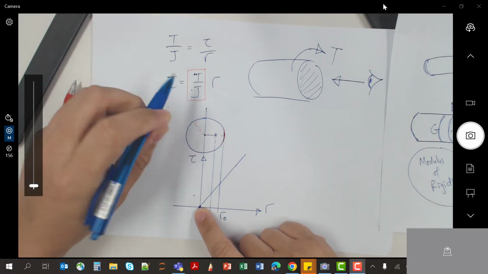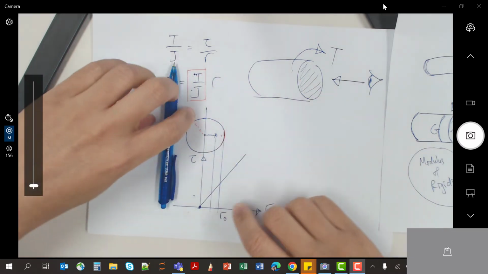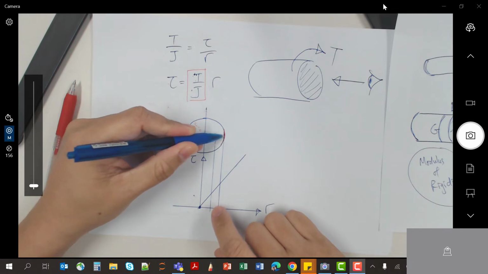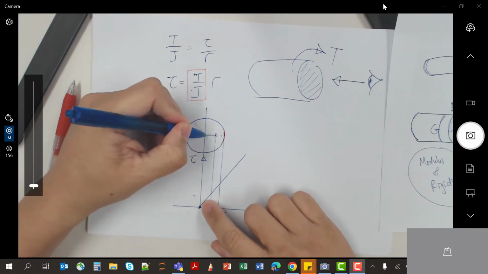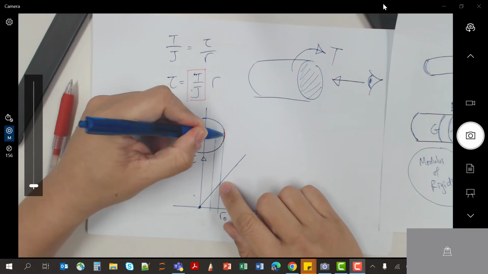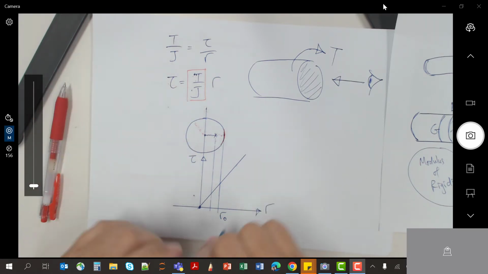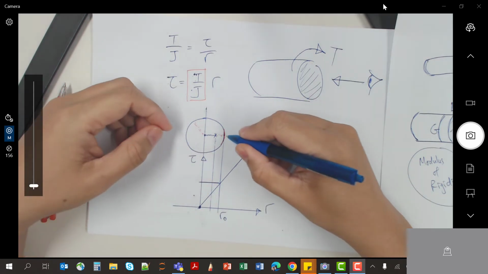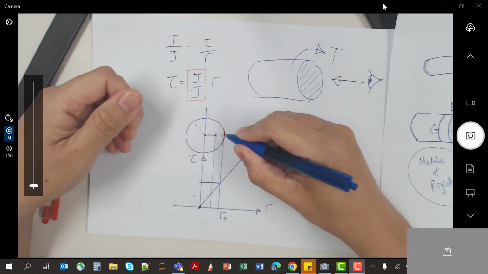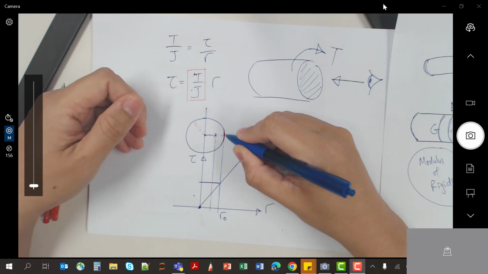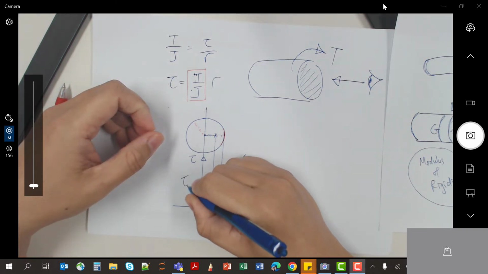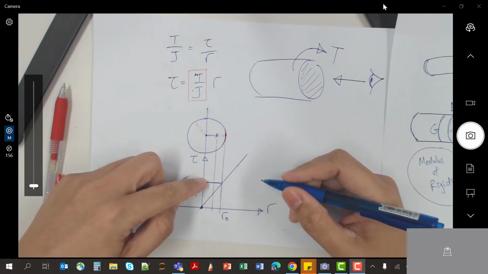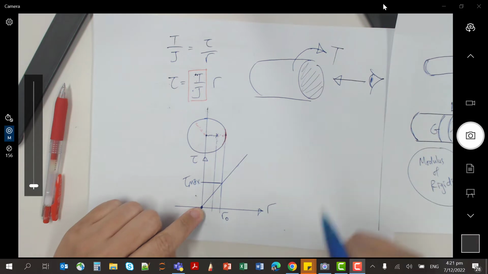Imagine a twist like this, there is actually no shear stress. As I go further towards the edge, the shear stress will increase more and more. The highest shear stress will be at the edge of the shaft. So this is your tau max, the maximum shear stress, compared to the center of the circle.